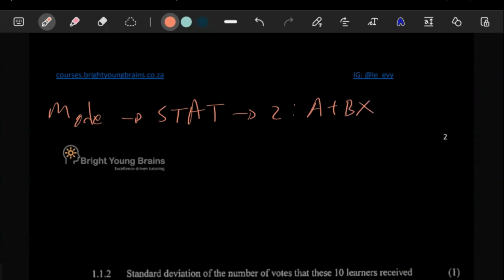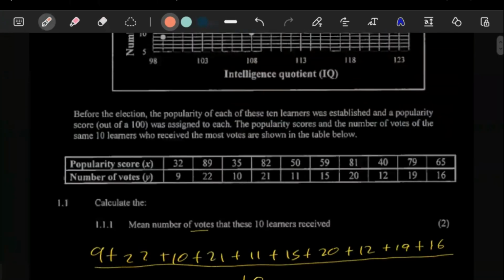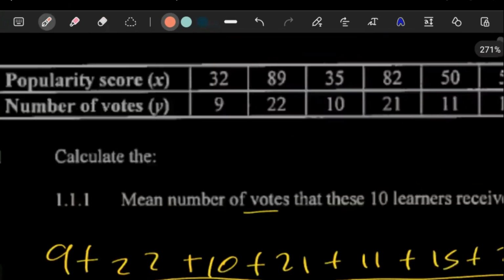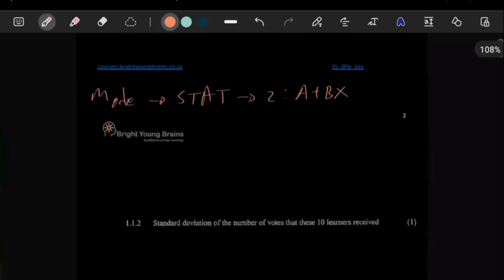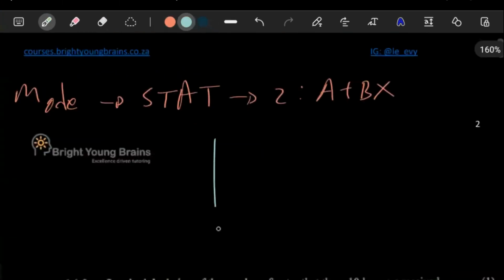There we go. So the 2 sets of data that we're going to put in are obviously the 2 tables. They've labeled this x, meaning it's going to go in the x column, and this y, because it's going to go in the y column. Your 2 columns look like this: x here, y here.